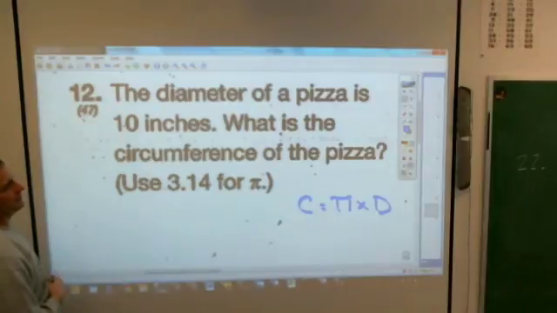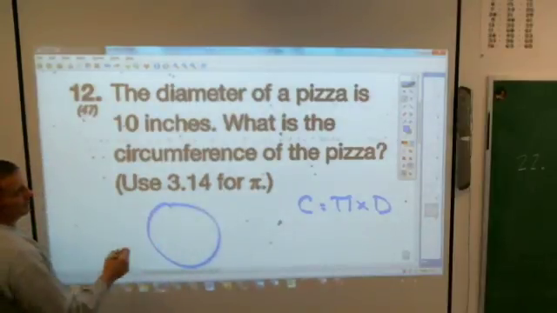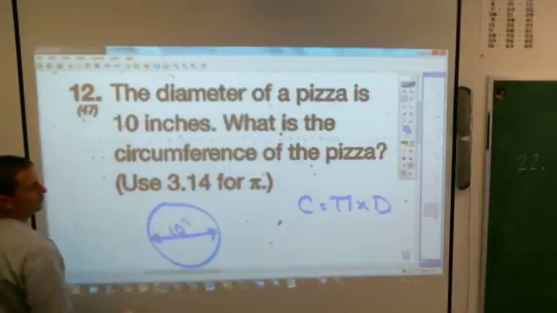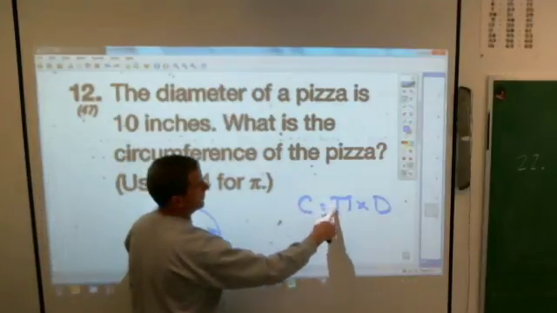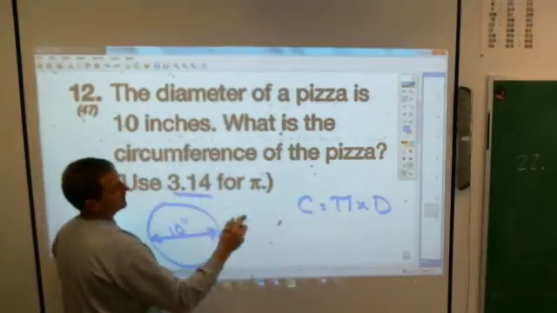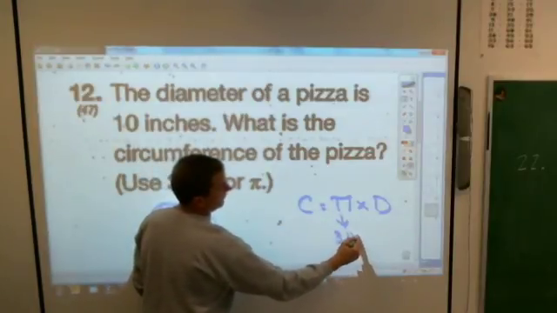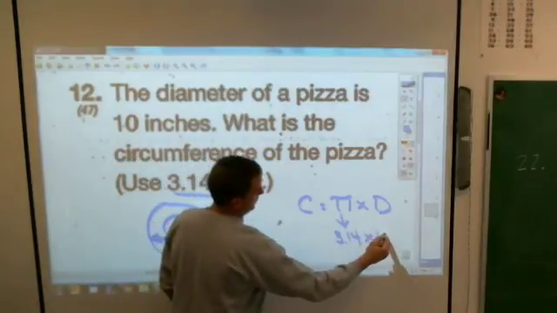Anyway, Bri asked about this. You draw your pizza. The diameter of the pizza is 10 inches. If you're looking to find the circumference of the pizza, you just plug it into this formula. It told you to use this for the letter pi, so instead of the letter pi, I'm going to write 3.14, and I am going to multiply it by the diameter, which is 10.